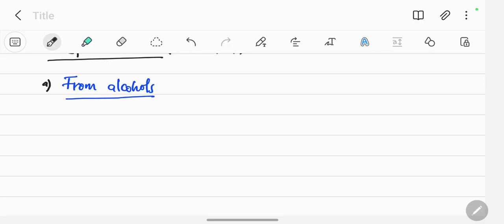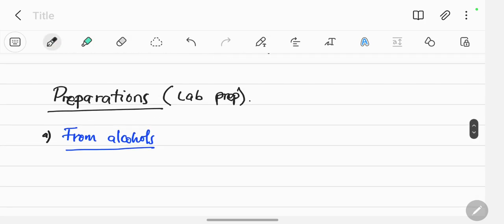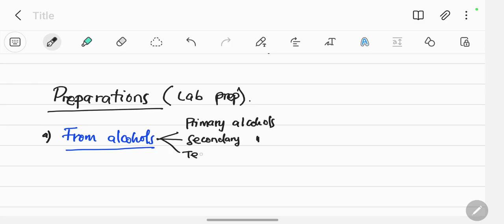So first you have to understand, okay, we shall have a separate lesson for alcohols, but what you have to know is that in alcohols we have primary alcohols, we have secondary alcohols, and tertiary alcohols.